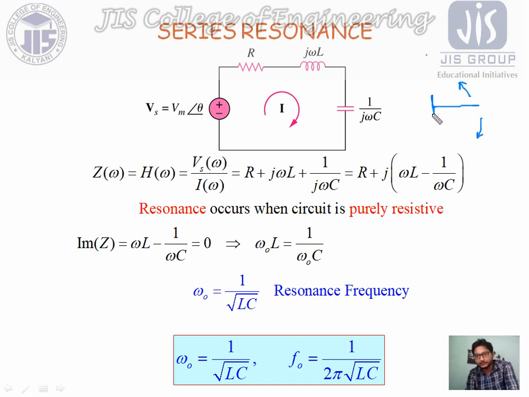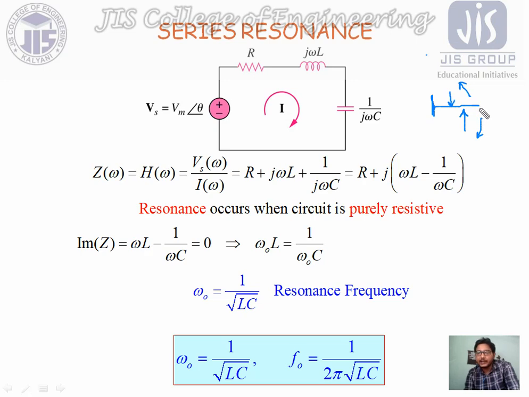Now suppose one person is pushing the door, and another person is also pushing the door from the other side. So what happens? Whoever provides more energy, the door will move to that side.